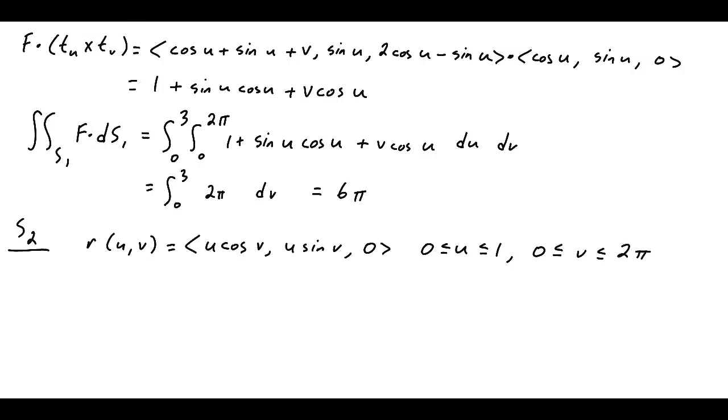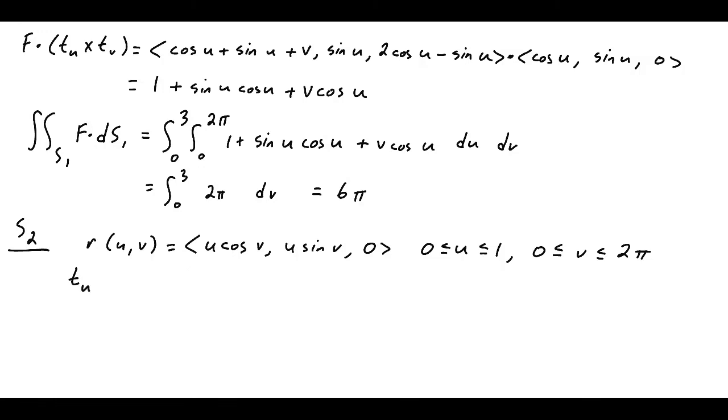This requires a different parameterization because in the case of the side of the cylinder, we have a constant radius, whereas here we're beginning with a radius of 0, the center of that circle, and working our way out. So we have a range on u, which is representing our radius. But we're still working in 2π radians all the way around the circle, so we still have the range on v.